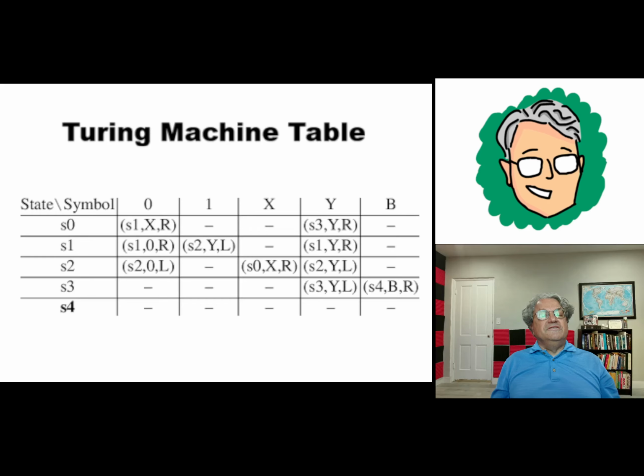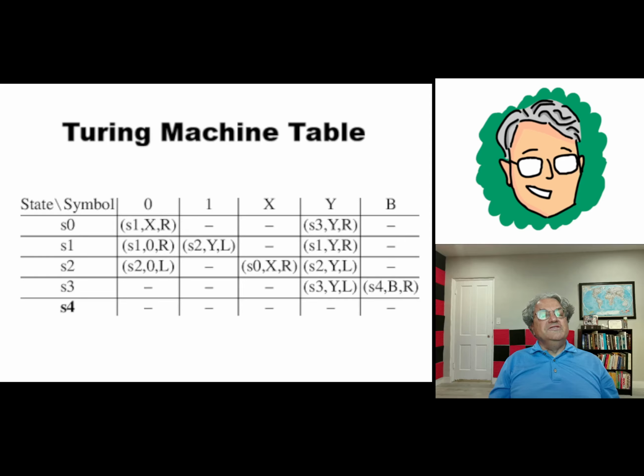It might start in symbol zero, state S. Actually, the state slash symbol state is S0, and the symbol is the thing in this table. So say your first state is state zero, and you're reading a zero, which could be a blank. What this is telling you, if that's the case, is go to state one, print an X, replace the zero with an X, and R means move to the right.